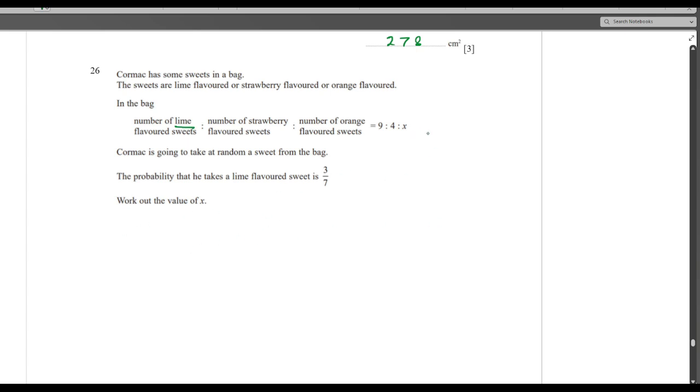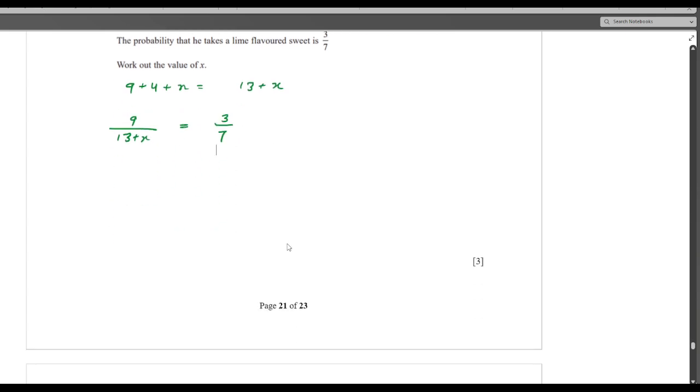So what I can say is that if I add this 9, 4 and x, I get 13 plus x. So for the lime flavored sweet, its probability is going to be 9 divided by 13 plus x, and this is given to me as 3 divided by 7. So let us work out x. Now we will move this 13 plus x to the right and this 3 divided by 7 to the left.